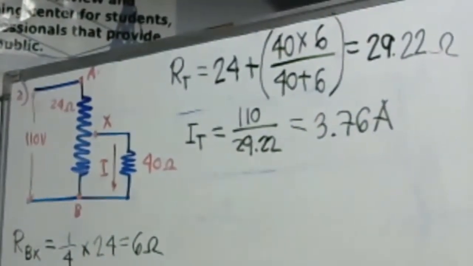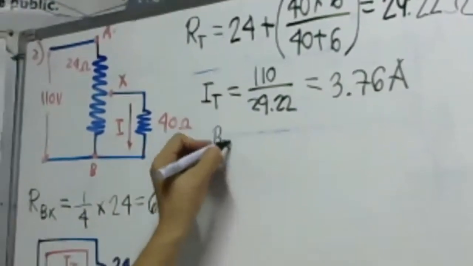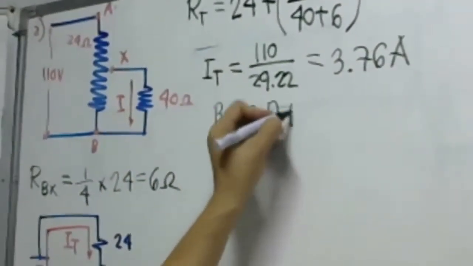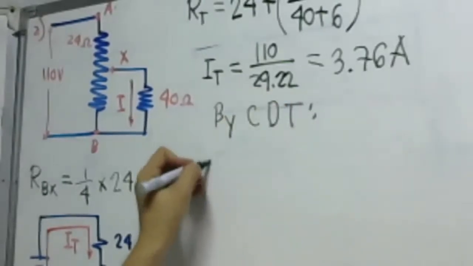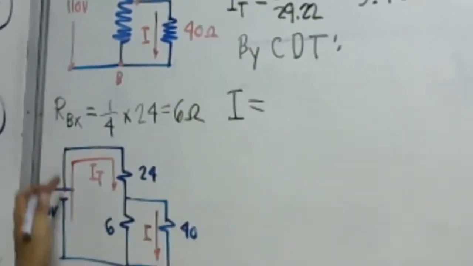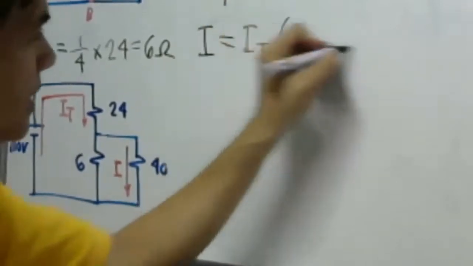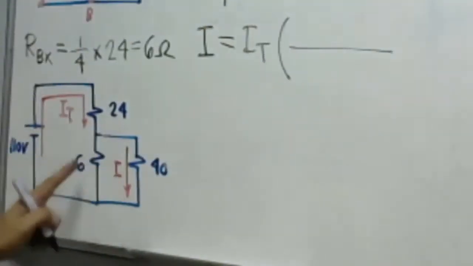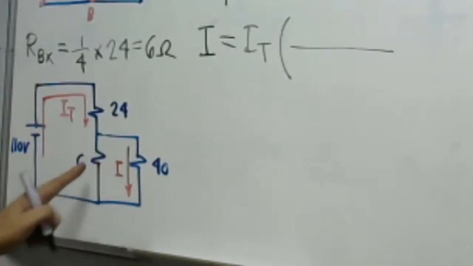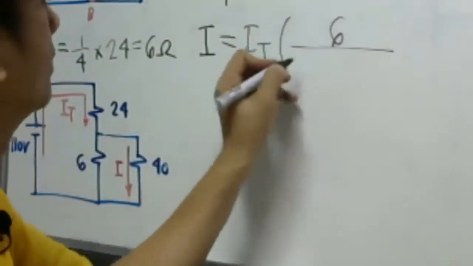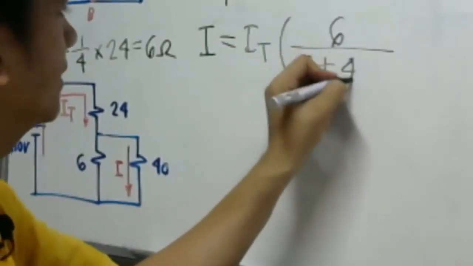Take a look by current divider theorem. Our current I is simply equal to the total current multiplied by the opposite resistance, which is 6. That is the opposite, yung katapat na resistor. 6 over 6 plus 40.